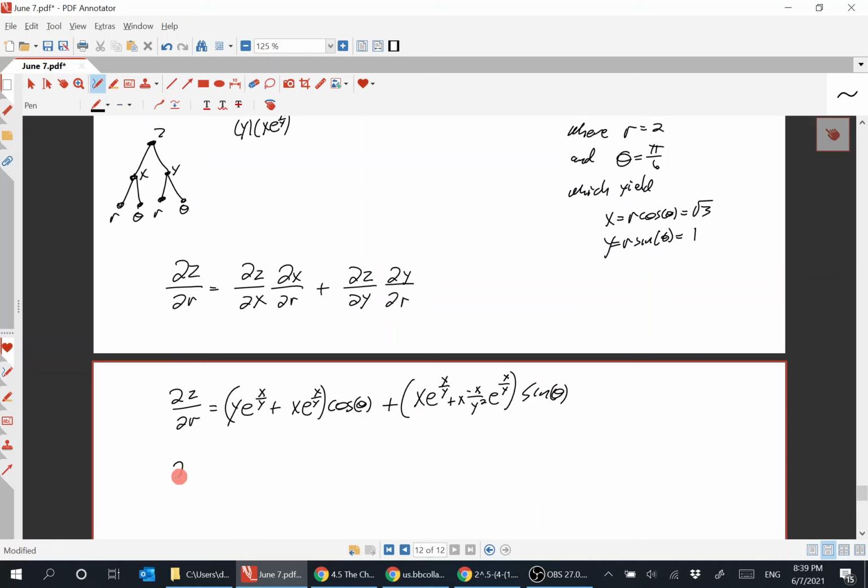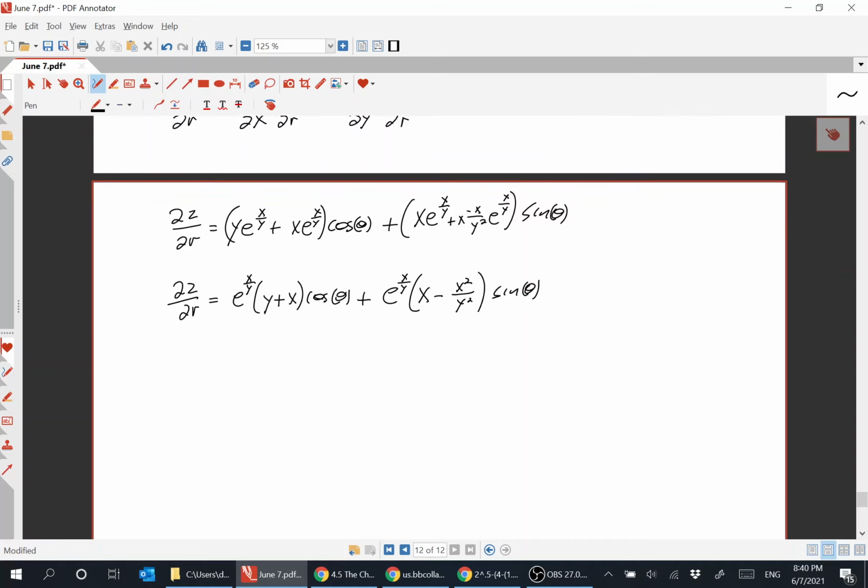So cleaning up that expression, e to the x over y times (y plus x) times cosine theta, plus e to the x over y, so this is (x minus x squared over y squared), sine of theta.